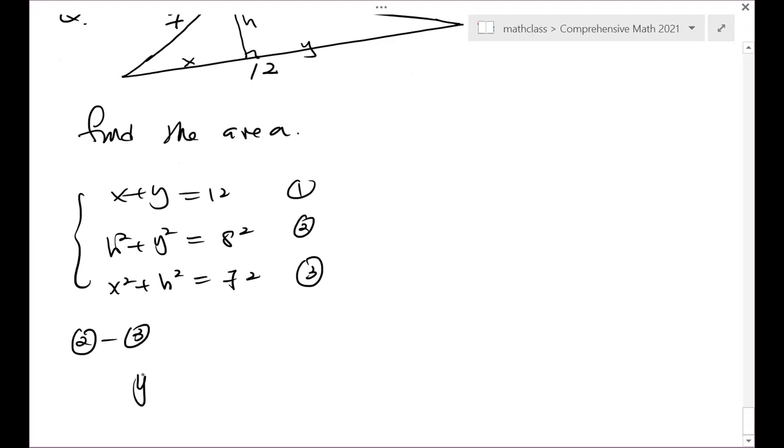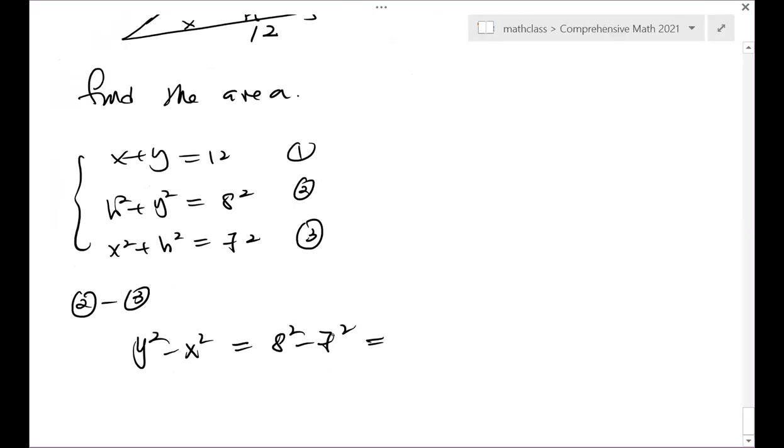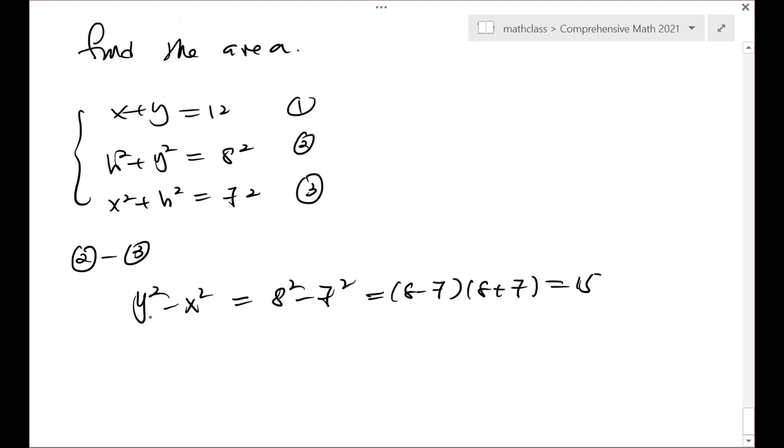The left-hand side is y squared minus x squared. It's 8 squared minus 7 squared. How can I do that? So 8 minus 7 times 8 plus 7, so it's going to be just 15. But on this side, it's y minus x times y plus x.